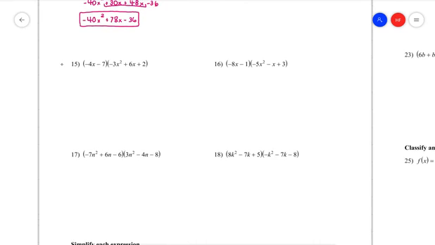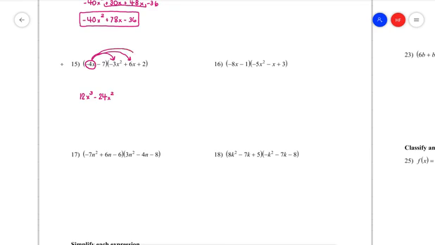Now in 15, we have 2 terms times 3 terms. So I'm going to circle this one that I'm using first. Negative 4x times negative 3x squared. Negative times negative gives me a positive 12. x times x squared is x cubed. Negative 4x times 6x is negative 24x squared.